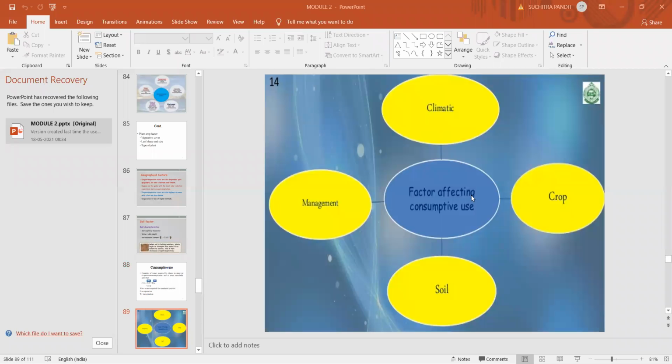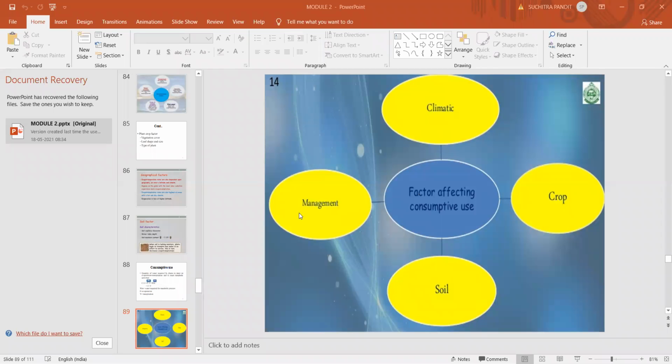Now, the factors affecting the consumptive use: one is the surrounding climatic condition, the second is the type of crop grown in that particular area, and it also depends on the soil characteristics and also the management.